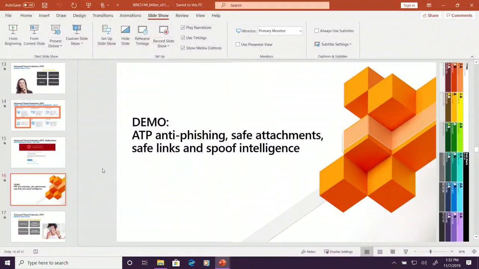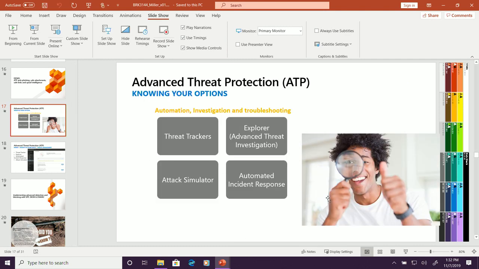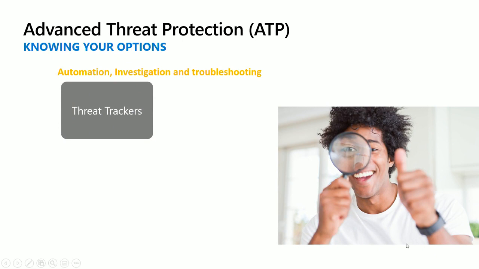And let's go ahead and take a closer look at some of the other options that ATP provides. So we have all these great blocking mechanisms, but we may need some additional reporting to help us understand some of what's going on.